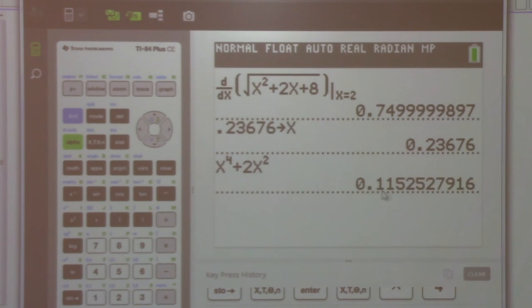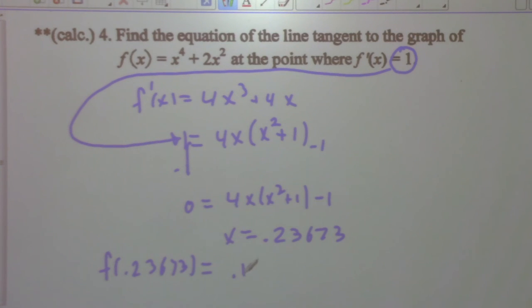So we have that 0.115. 0.115 really, right? And so now can we write our equation? Probably. So our point is 0.237, comma 0.115, and m of t is equal to -1, or to +1, excuse me.